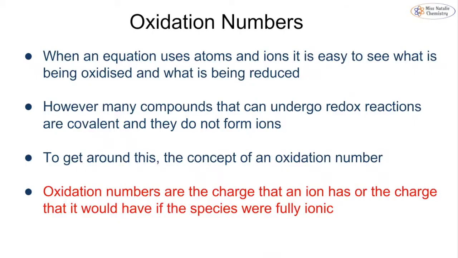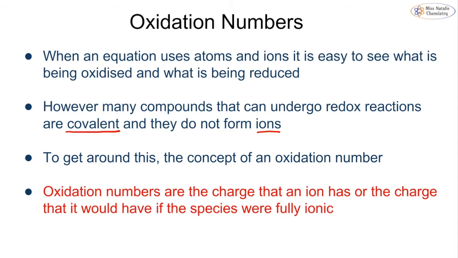Now let's look at the concept of an oxidation number. So when we've been using our other reduction and oxidation reactions, we've been looking at atoms and ions. And when we have atoms and ions, it's very easy to see what is being oxidized and what is being reduced. However, there are many compounds that can undergo redox reactions that are covalent, so they are not going to form ions, and that makes it a little bit more challenging to figure out what's being oxidized and what is being reduced.